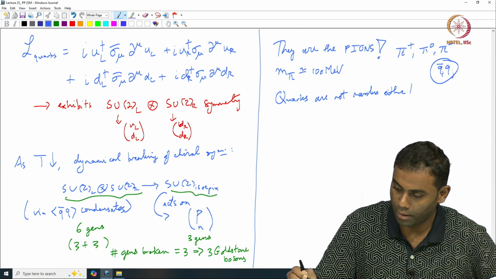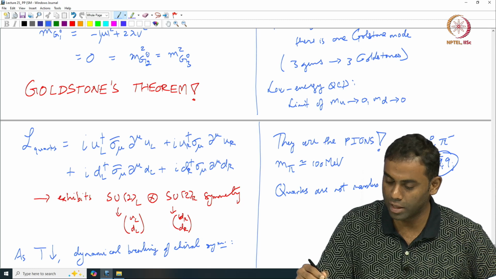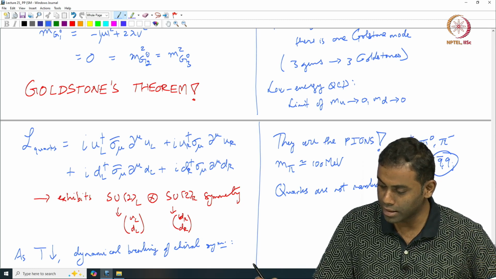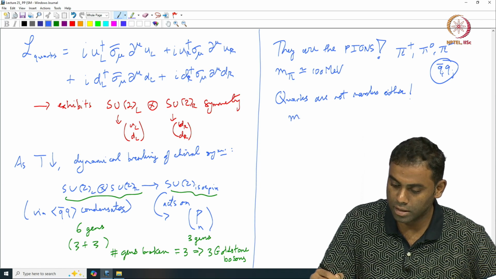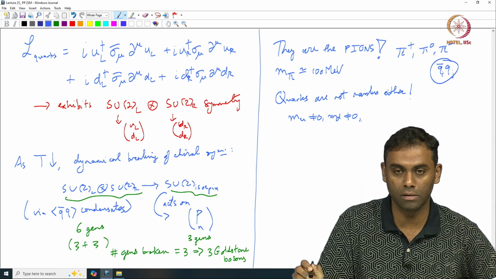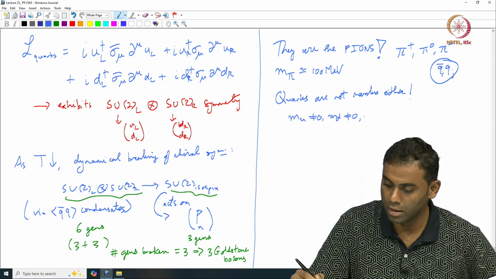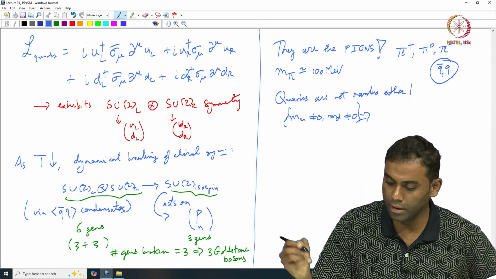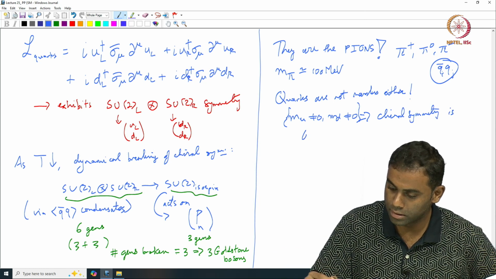Remember, when I said low energy QCD in the limit of m_u and m_d going to 0, that is the limit where chiral symmetry is exact. Okay. Since m_u is not equal to 0 and m_d is not equal to 0, but rather they are very small compared to the pion mass, at least compared to the QCD scale, this would imply that chiral symmetry is approximate anyway.